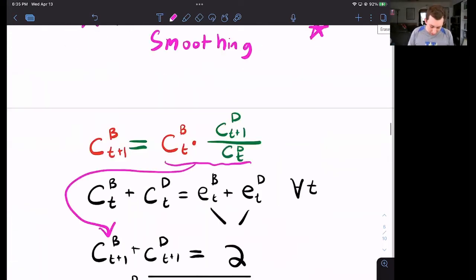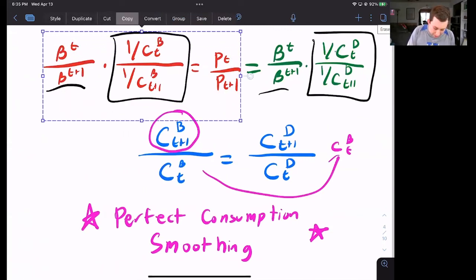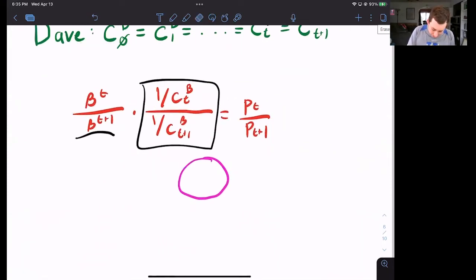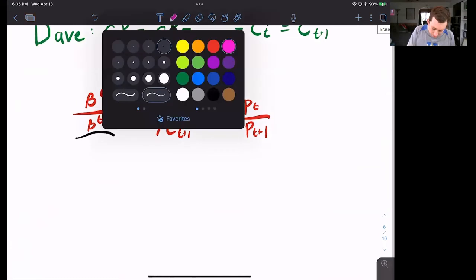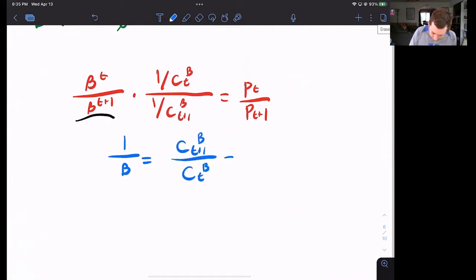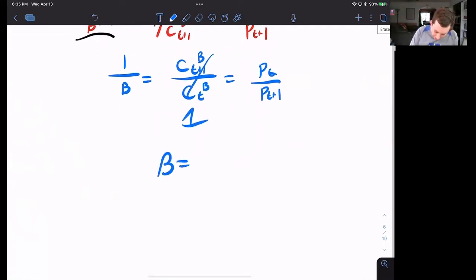Now, notice if I just take this and include the betas and the prices, we can simplify this a little bit, because this will say that 1 over beta is equal to C_{t+1}^B over C_t^B, which is equal to p_t over p_{t+1}. Well, this ratio is just 1, as we saw before, because Bill consumes the same number of coconuts every day. So this means that beta is equal to p_{t+1} over p_t.